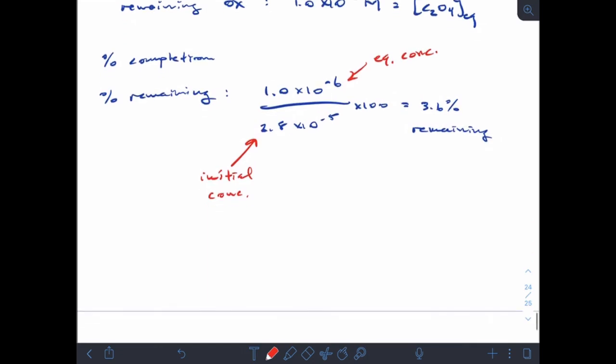Right? That means that 96.4% precipitated. Right?